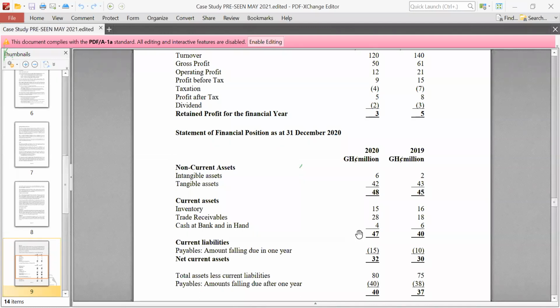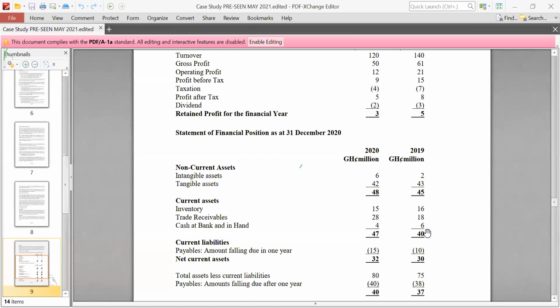But one of the things that I will look out for is, if someone can do this calculation real quick, we want to look at trade receivables over total current assets.